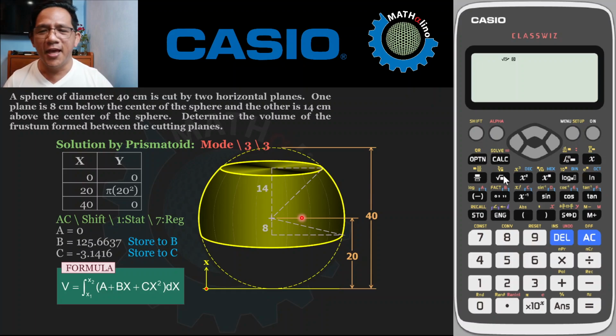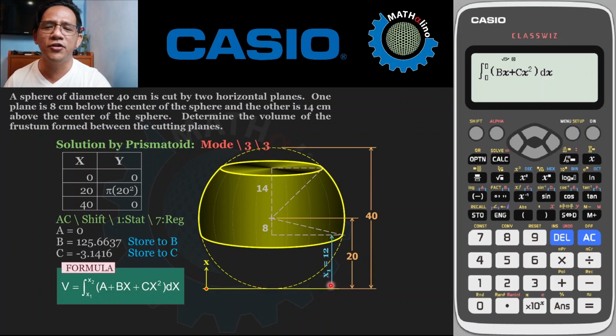Then integrate alpha A, alpha B, the value is at the memory address. Alpha X, this is the variable of integration. Alpha X plus alpha C, alpha X squared. Okay? Limits. Of course, we are going to use limits from x1, from the reference datum.